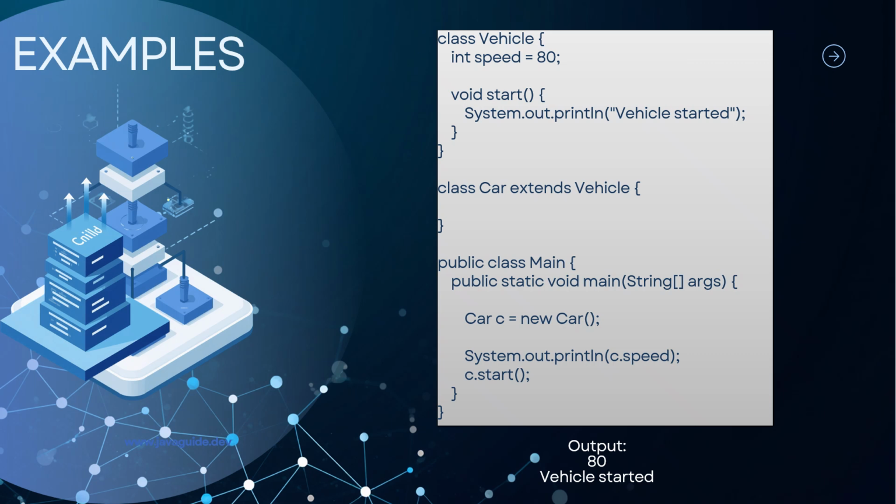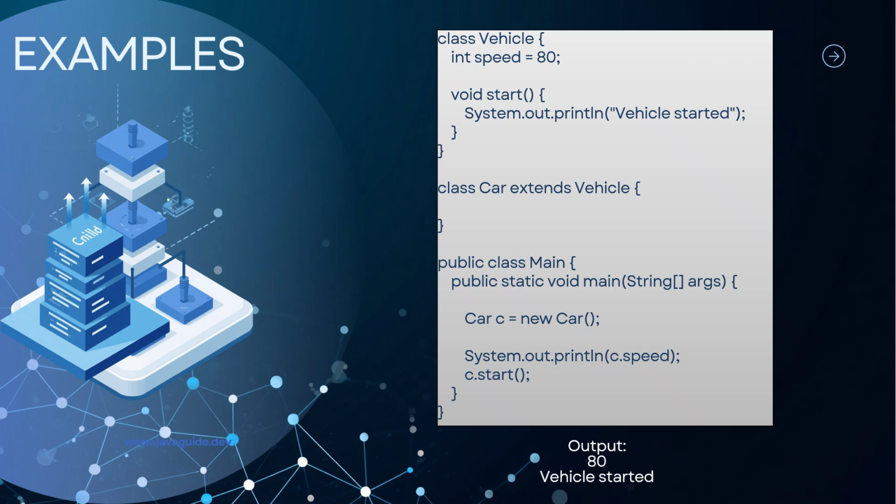Till now, we understood the definition of inheritance. Now, let's understand it clearly with a simple example program. In this example, we have a parent class called Vehicle. This Vehicle class contains a variable called speed and a method called start. Now, we have another class called Car, which extends the Vehicle class.